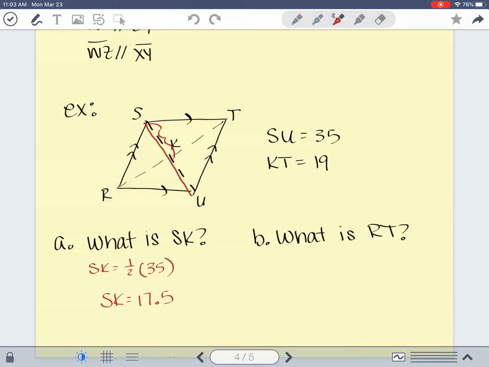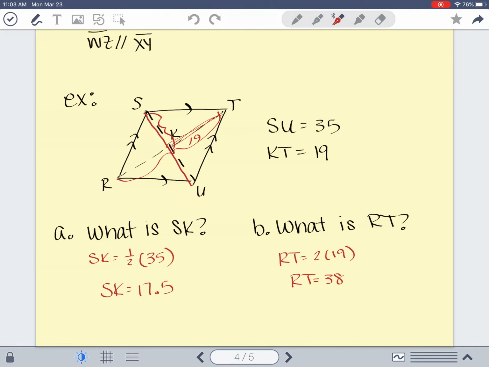The next one asks for KT, it tells us KT right here is 19. It asks for RT, so it wants this whole piece. So if KT is 19, RT is going to be twice that length. So twice as much as 19, RT is going to be 38.